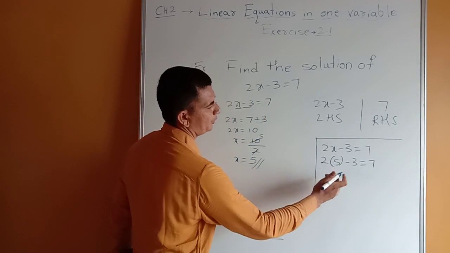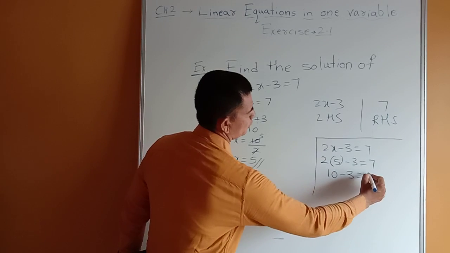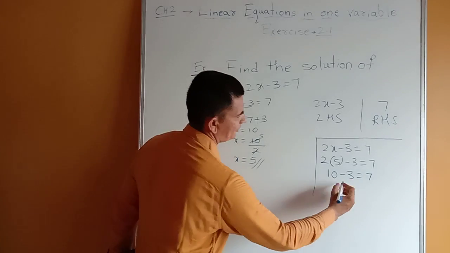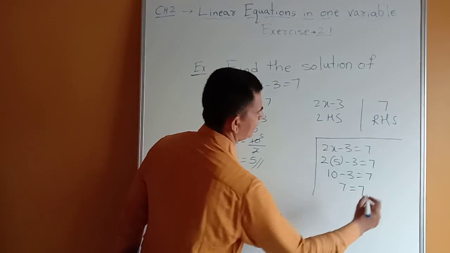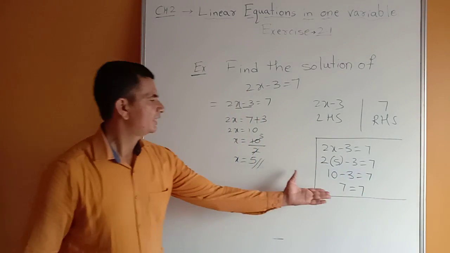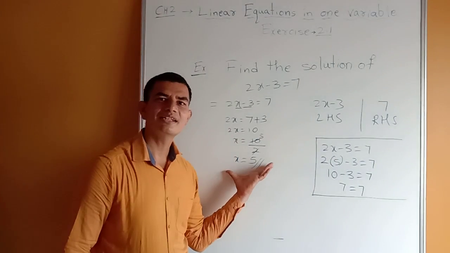So 2 into 5 becomes 10, minus 3 is equal to 7. So you have to subtract here, 10 minus 3, you will get 7 is equal to 7. From this rough work I showed you, we can say that your answer is correct.